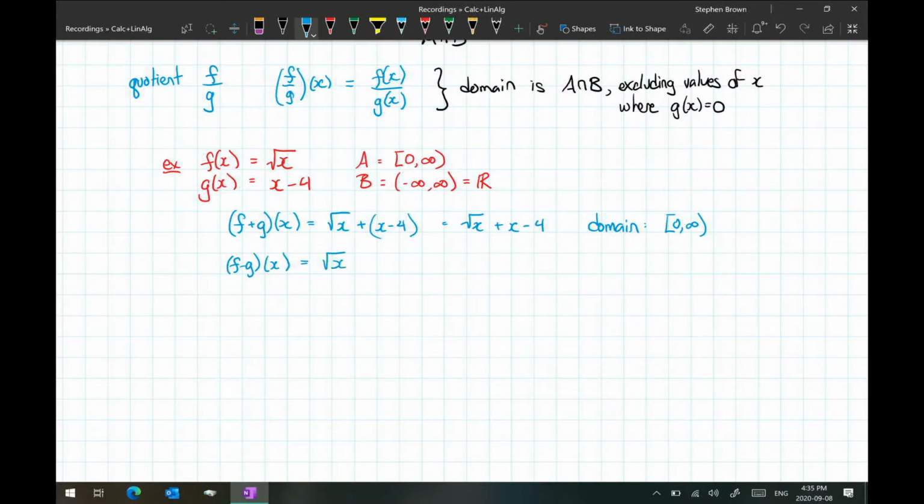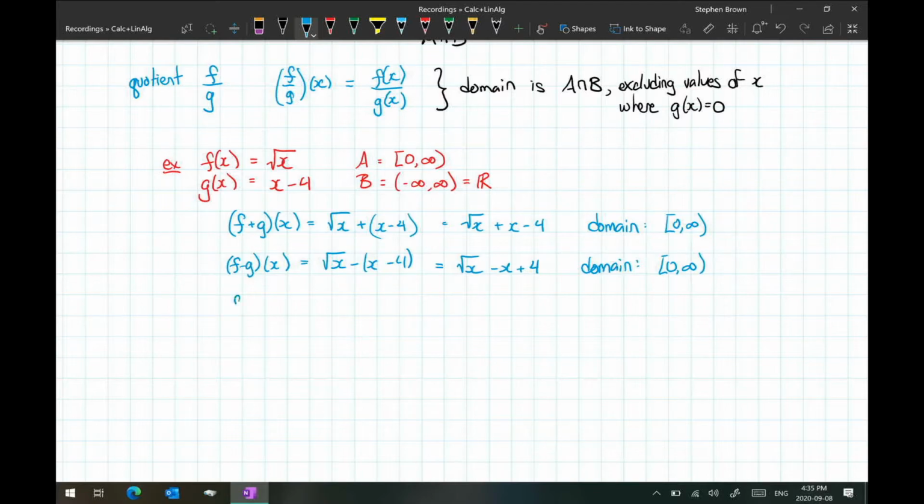So when you start subtracting functions, make sure that you include some brackets in there and carry that negative sign through, so you end up with a negative x plus 4. And again, you cannot choose numbers that are negative, so the domain is from 0 to infinity.